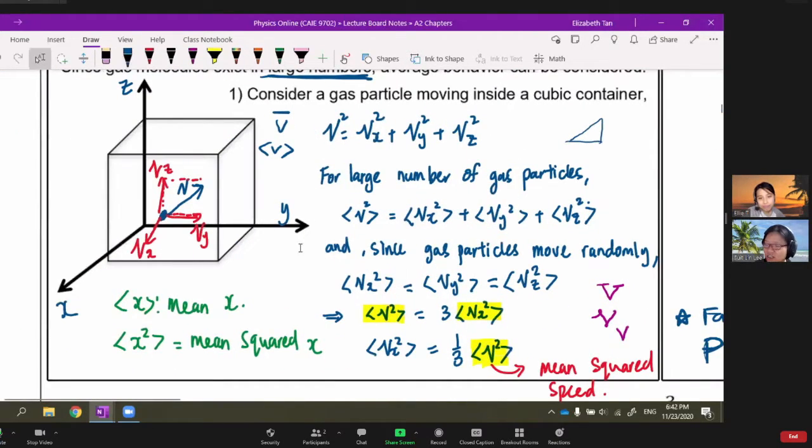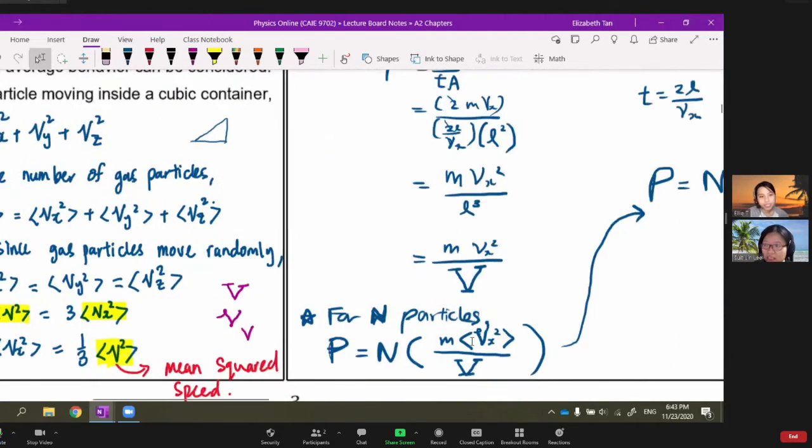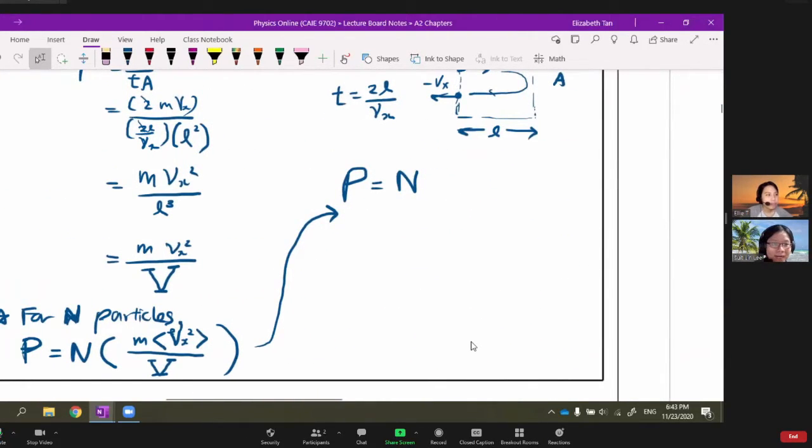So if we look here, vx squared is 1/3 of the mean square speed. So we are going to plug it in right now. This will be m times 1/3 of v squared, divided by big V. Okay, we organize a bit. Take the 1/3 out.